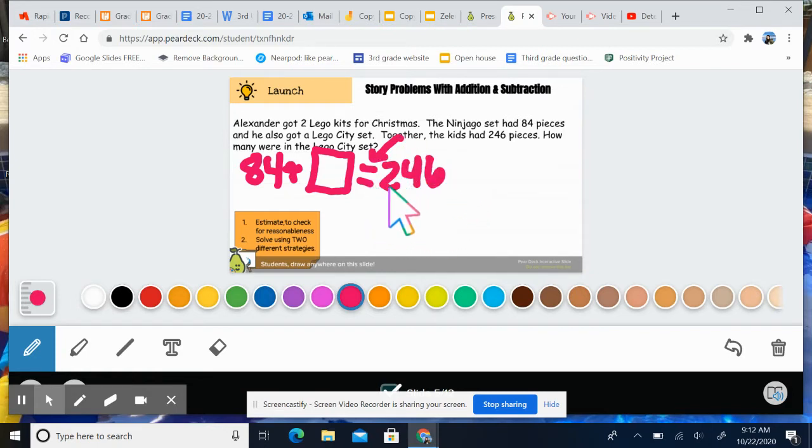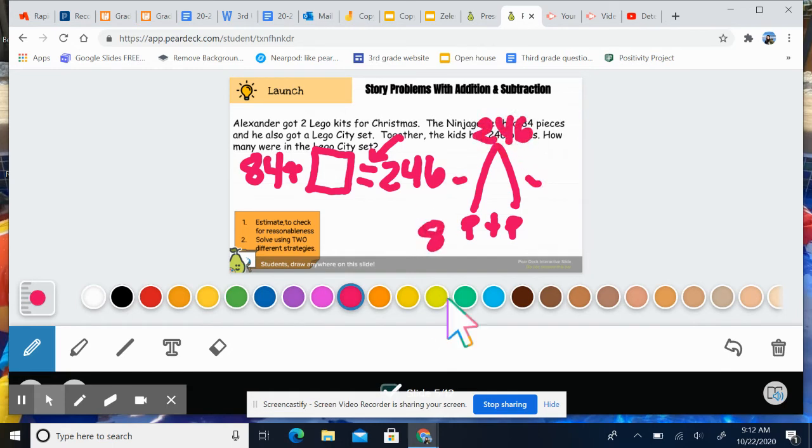So we know that we have to subtract to find the missing partner. It's just like a math mountain where you have partner plus partner equals your total. So then if I have one partner, I know I can go down the mountain with subtraction to get my other missing partner.